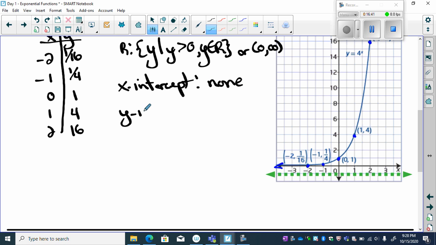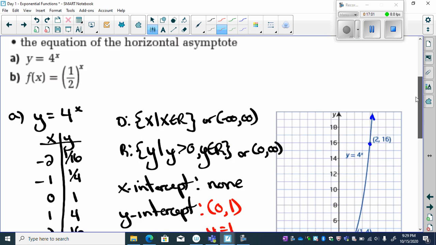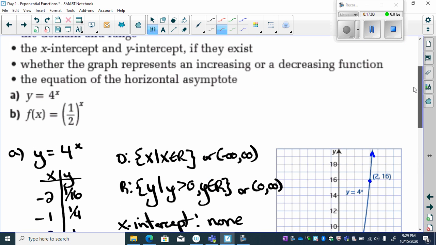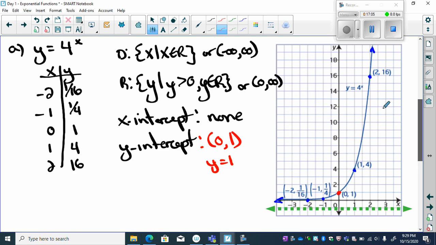For the y-intercept, where does this curve cross the y-axis? That's right here. Here's the y-axis. The blue curve touches a height of 1. So you can say (0, 1) or y equals 1, same thing. It wants to know whether the graph represents increasing or decreasing.